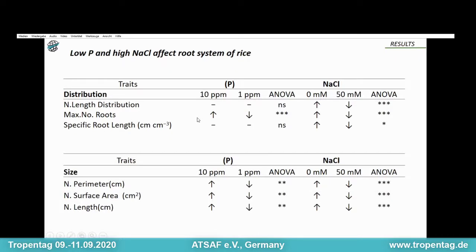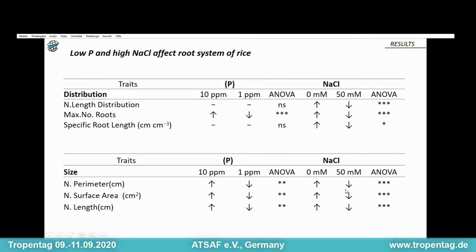And finally, like in Inca LP5, in the Perla de Cuba genotype, the perimeter, surface area, and length were reduced significantly by both stresses, P starvation and high salinity.